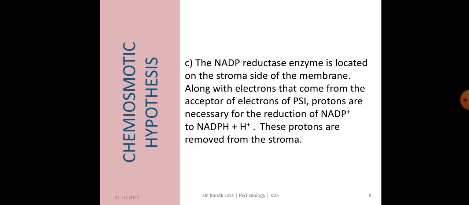In the third step, the NADP reductase enzyme is located on the stroma side of the membrane. So along with electrons that come from the acceptor of electrons of photosystem 1, protons are necessary for the reduction of NADP to NADPH and H+. These protons are removed from the stroma. Now, let us see how this happens.